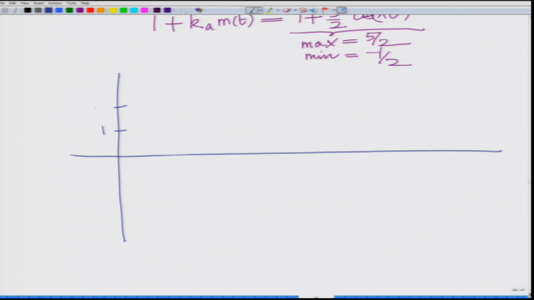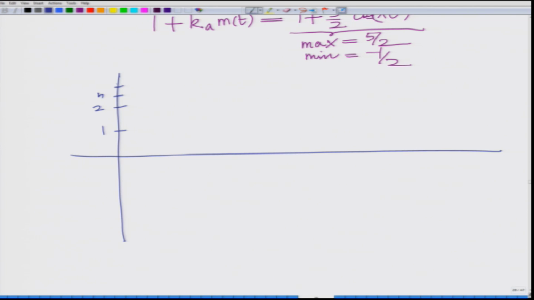So, I have 1, 2, 5/2. So, this lies between minus half and 5/2.